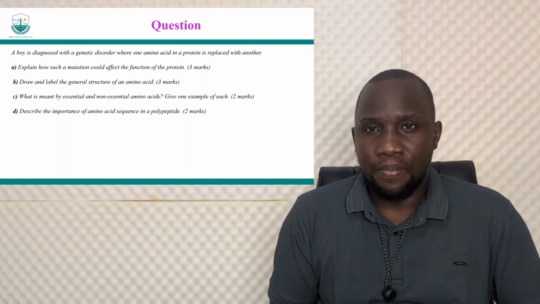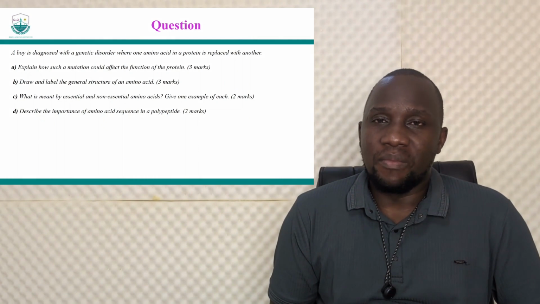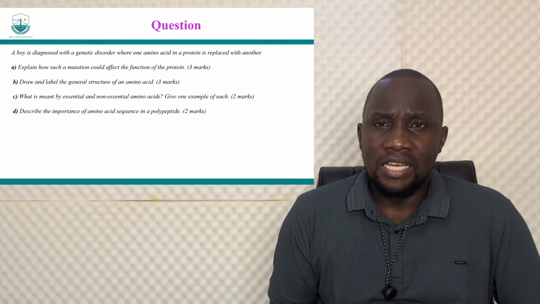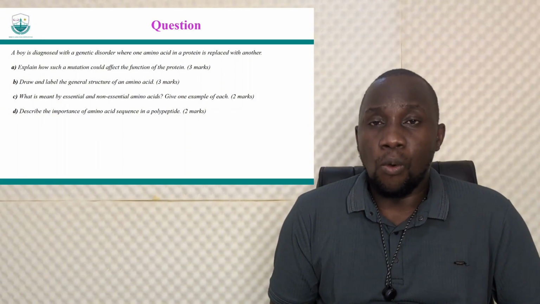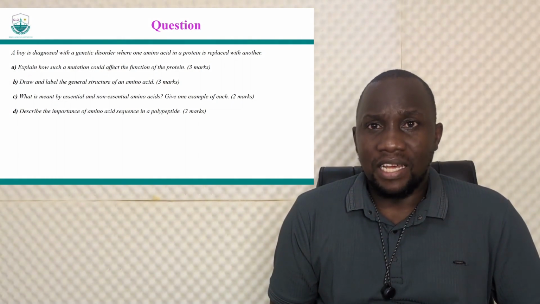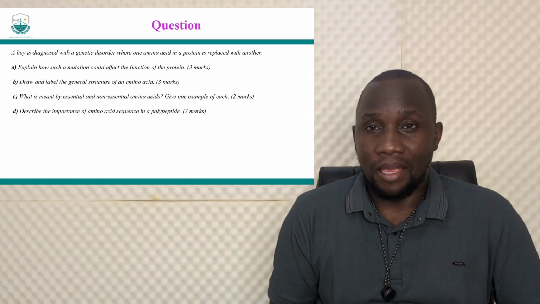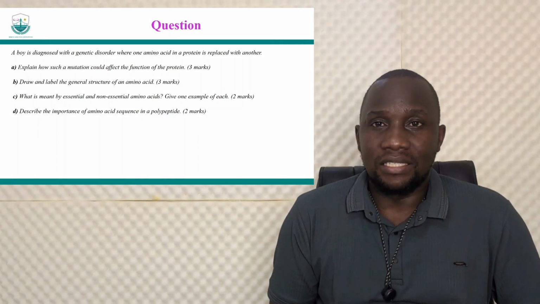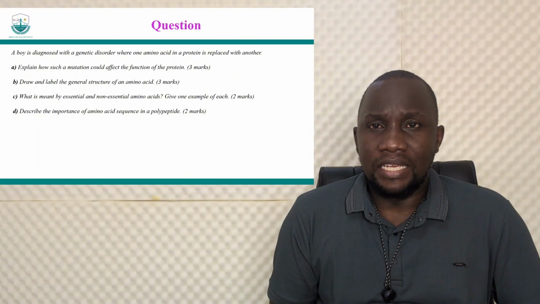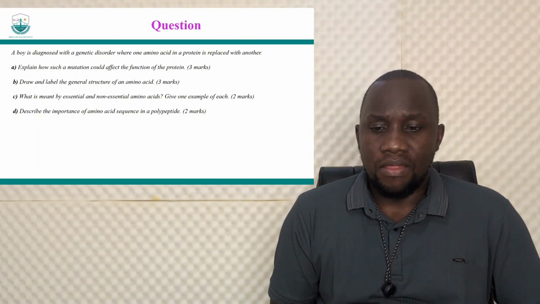And remember, the proteins are very many and they perform different functions. So for example, if you have a protein that is supposed to be used to form a particular enzyme, and that protein is not made, that means that that person will not have that enzyme, and that is going to be a problem. And that is a genetic disorder. It is inherited. It is an inheritable problem there.